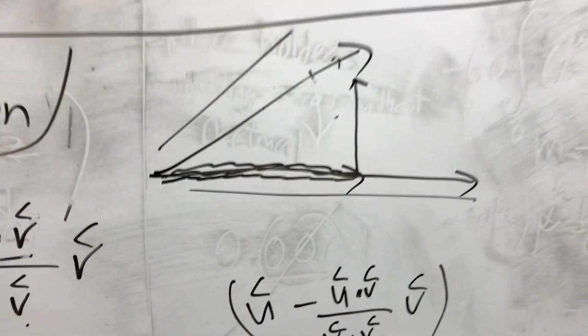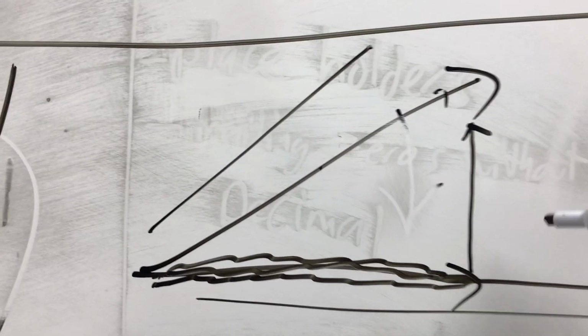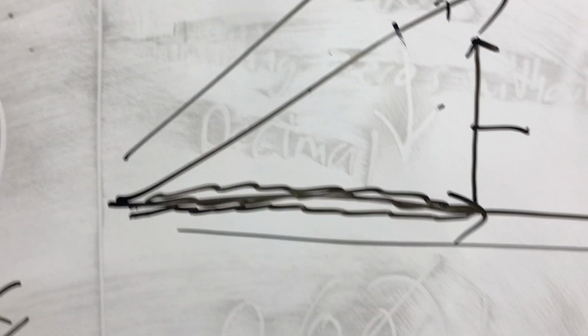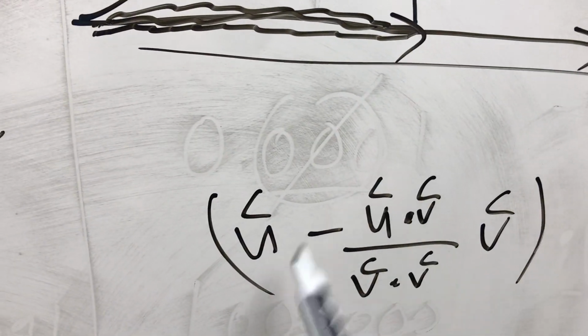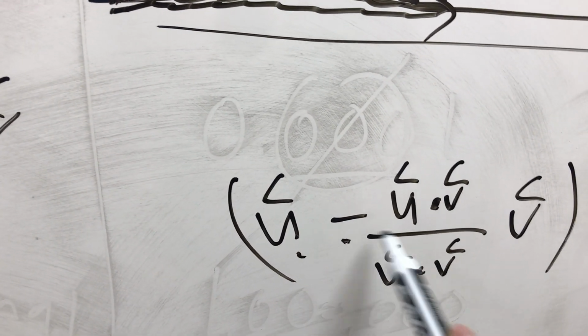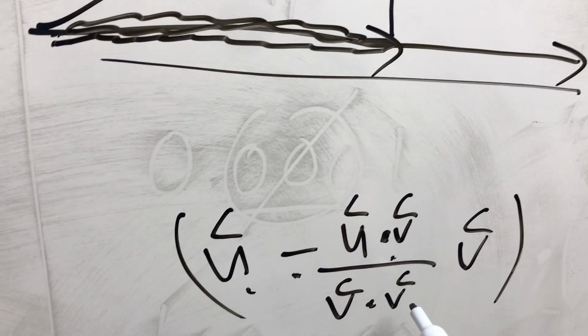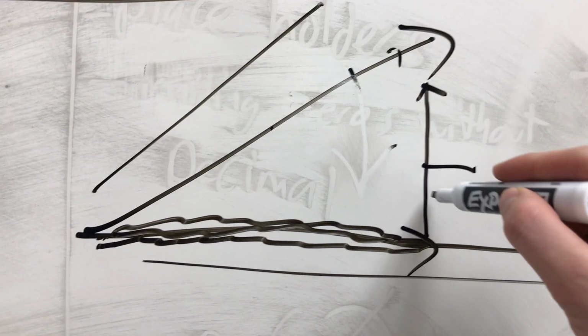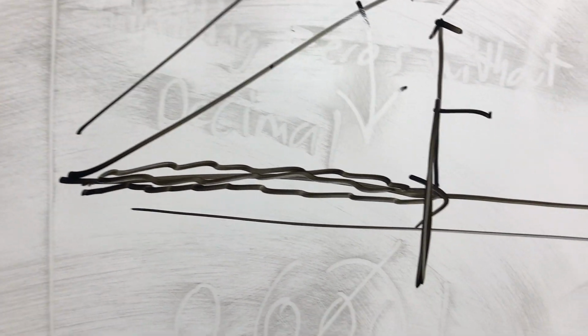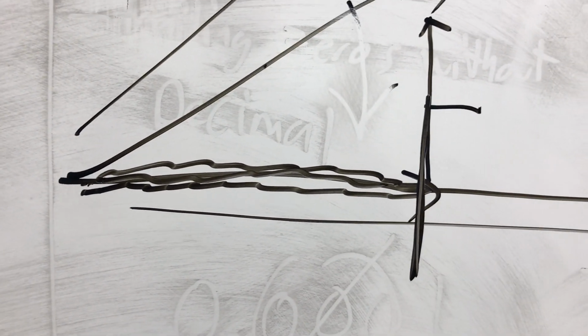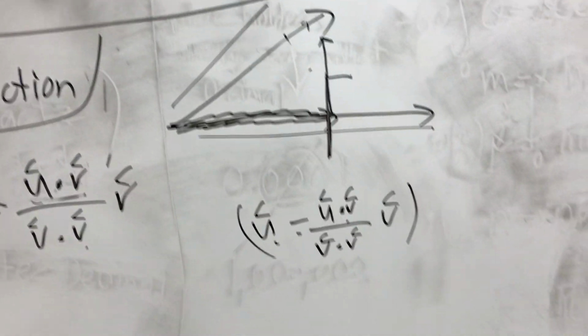So the interesting thing is you can take u vector minus the projection of u on v. And that is an orthogonal or perpendicular vector to v. That'll come in handy, I'm sure, sometime.